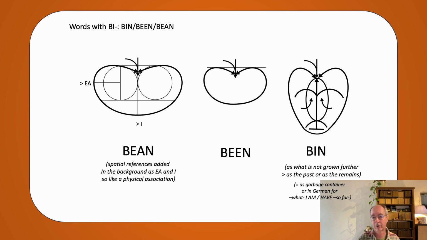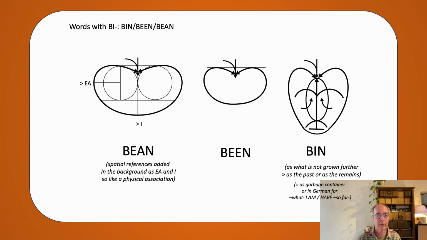Or in the German word, bin, ich bin, it is still referring to the minimalization of what you have, what is grown from within. It more has a feeling of the remains of what you already surely have inside.